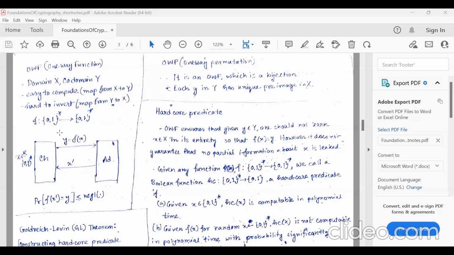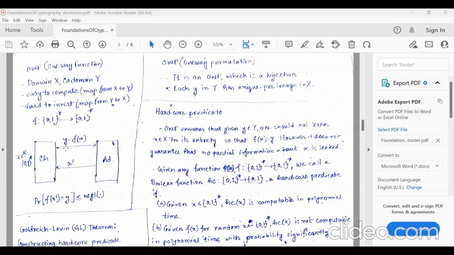By seeing Y, the functional output value corresponding to X, the adversary's job is to guess some X' such that f of X' is equal to Y. Note that it should not be exactly equal to X, because the function may not be 1 to 1. It can be many to 1 also.